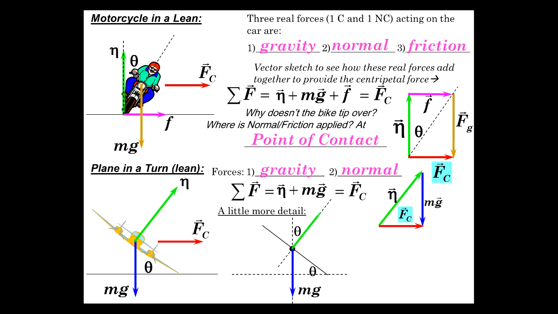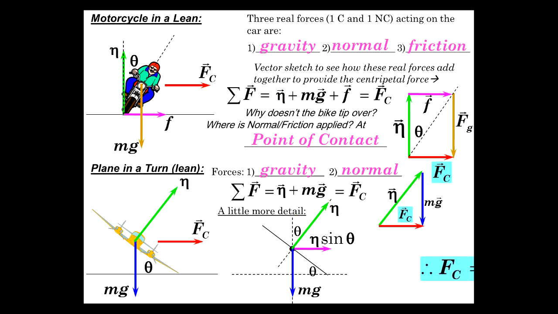Here we have weight. Here we have the normal. And there is the part of the normal that gives you the inward force, FC, which is normal times the sine of the angle. If you take hypotenuse, sine of this, you get the component out here, like opposite side, but that's what this is here, right there.